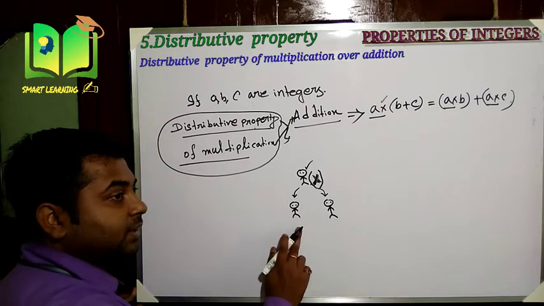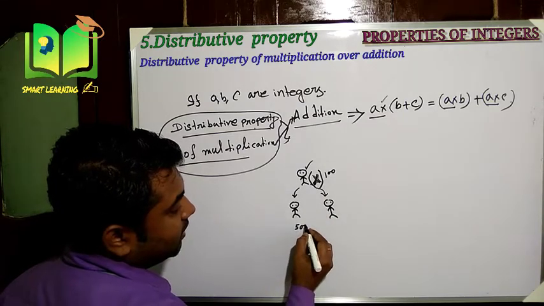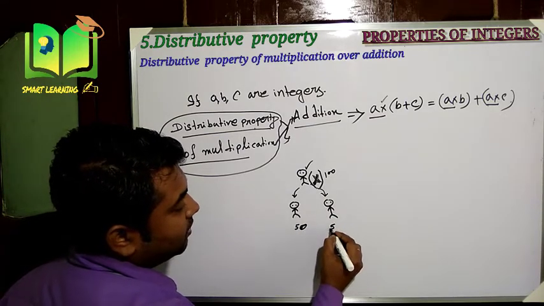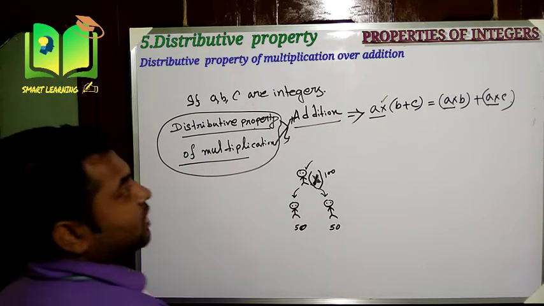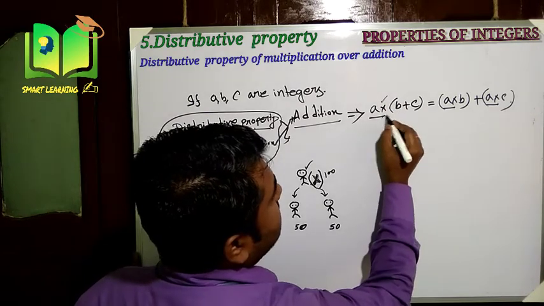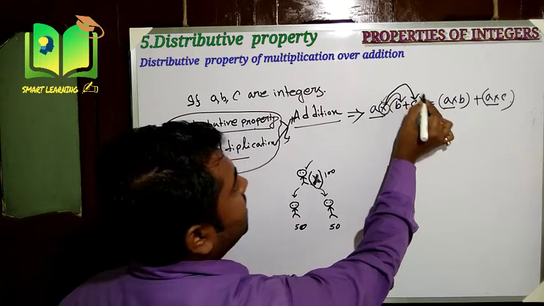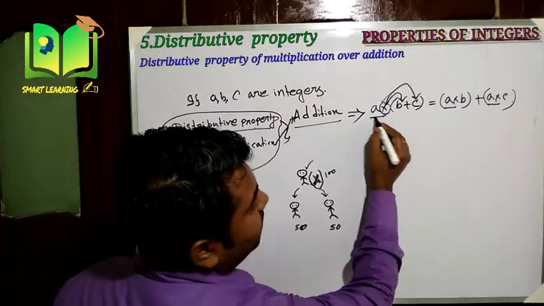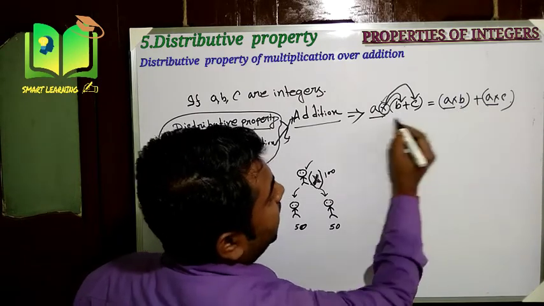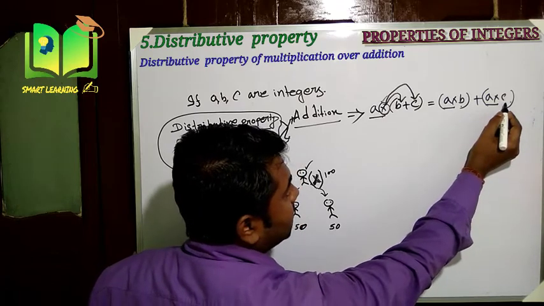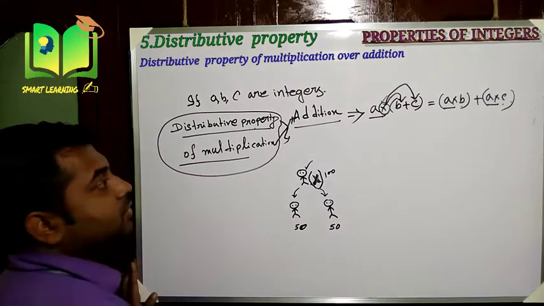Both of them will get same thing. Suppose there are 100 chocolates, so definitely this one will get 50 and this one also gets 50. Equally distributed. So same way, into is equally distributed with B and equally distributed with C. So first this uncle will contact B, and after that he will meet C. So ultimately that's why A into B plus A into C.